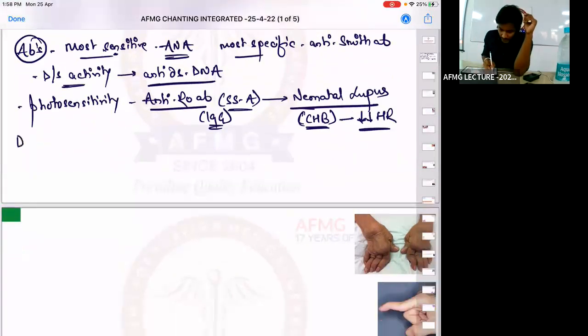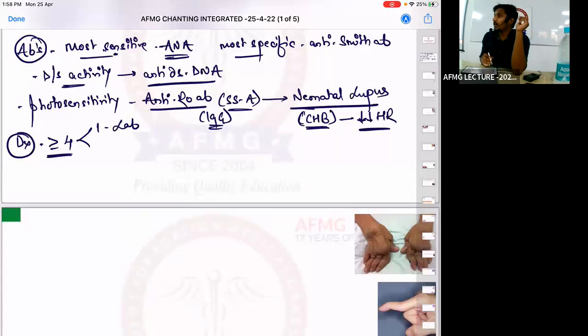Now for diagnosis of SLE, guys, please remember, how many features should be present? At least 4. Minimum 4 features are required. Out of these, one should be a lab feature and one should be a clinical feature.